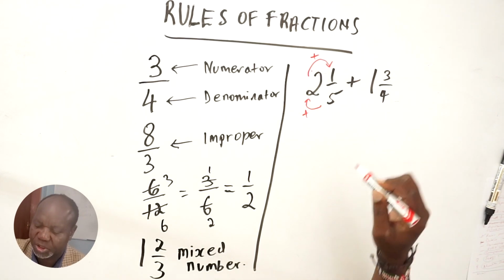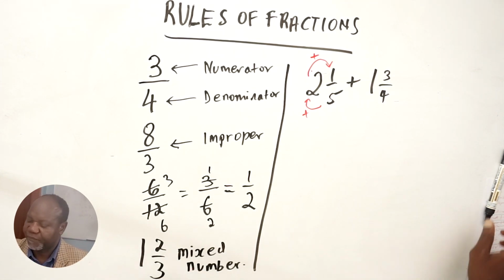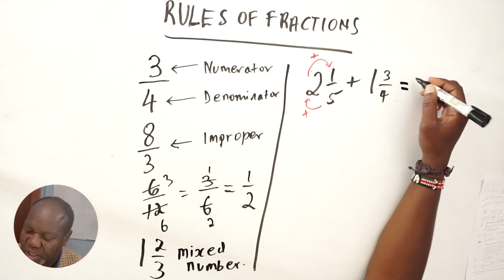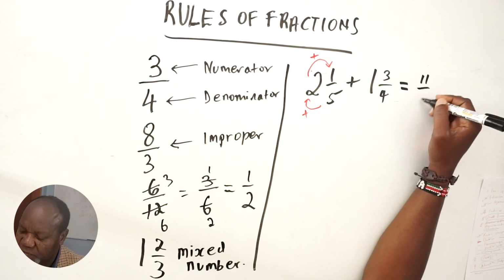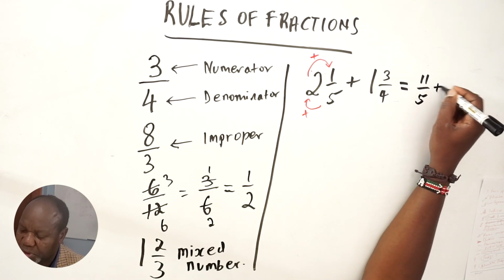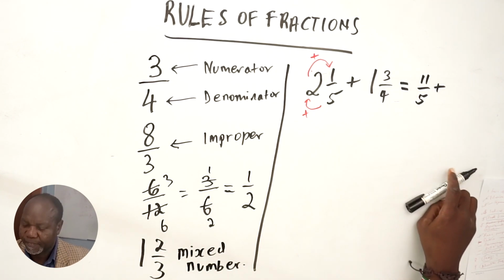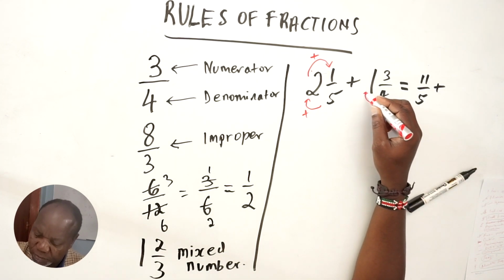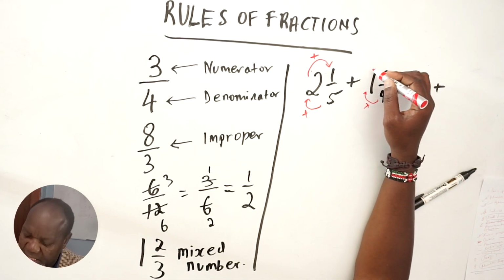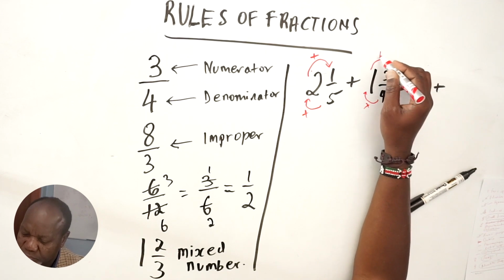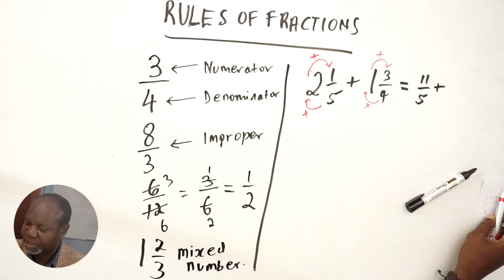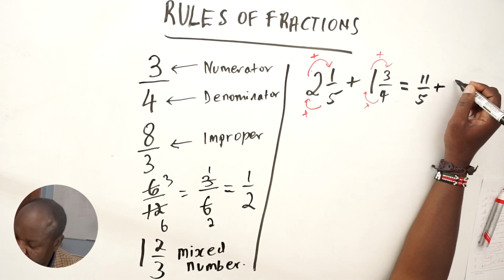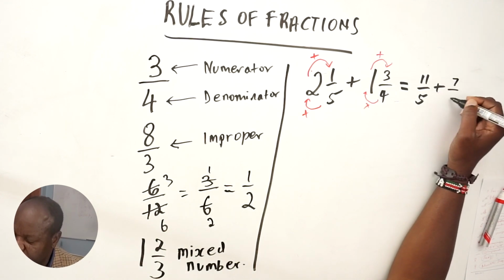So 2 and 1/5 will become 2 times 5, which is 10, plus 1, that will be 11 over 5, plus, okay, now 1 and 3/4, 4 times 1 is 4, then add the 3, 4 plus 3 would give you 7, so you got 7 over 4.